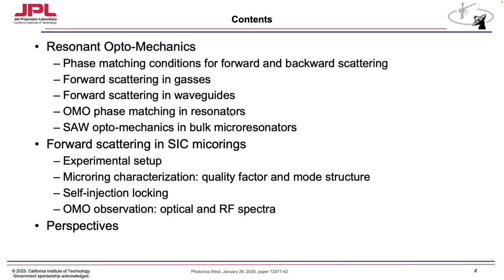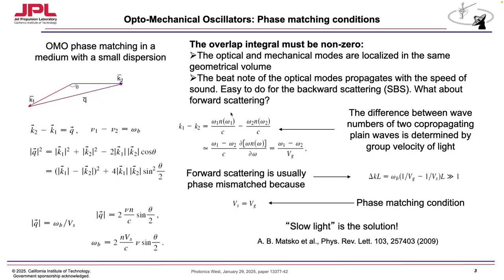And then I jump to the silicon carbide micro rings that we integrated with a small laser. Actually, it's a DFB laser chip, and we're able to observe resonant forward Brillouin scattering, or you may want to call it optomechanical oscillation. It kind of works both ways. So let's start from the basics.